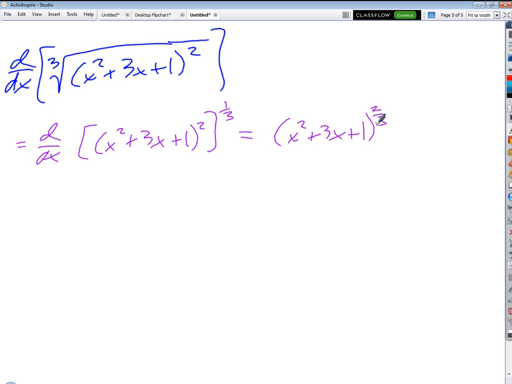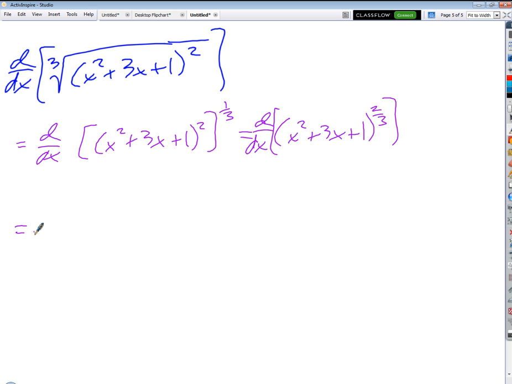Now it's easy with the chain rule, isn't it? How did you get the 2/3? We multiply 2 and 1/3, because I'm taking the quantity squared to the 1/3, which is the same as the quantity to the 2/3. So then my answer is what?